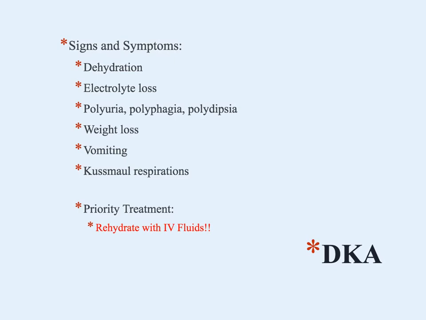Labs typically indicative of a DKA are a blood sugar greater than 300 and a pH of less than 7.35. Clinical manifestations include dehydration, acidosis, dry mucous membranes, low blood pressure, tachycardia, Kussmaul respirations, abdominal pain, and central nervous system depression.